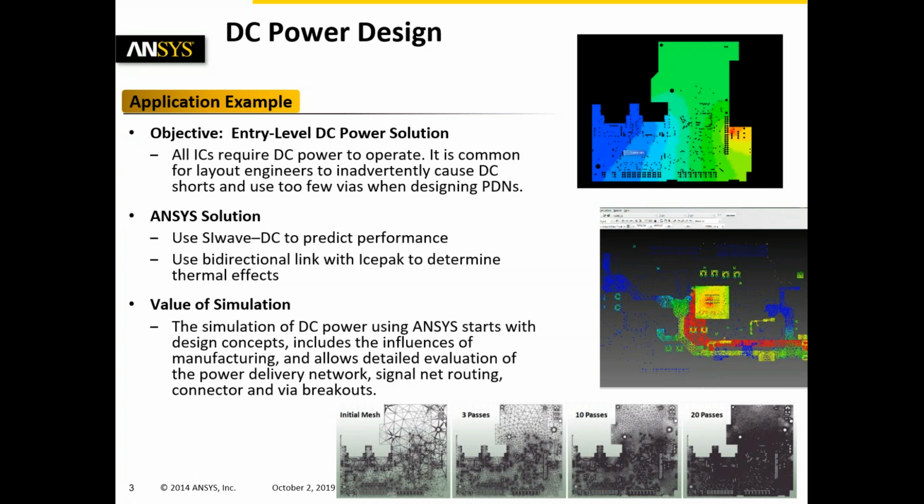There is also a bidirectional link with another ANSYS tool called Icepack to determine the thermal effects. Icepack is a CFD-based electronics cooling tool. There's a bidirectional link within SI Wave, which I'll show you in a couple minutes.